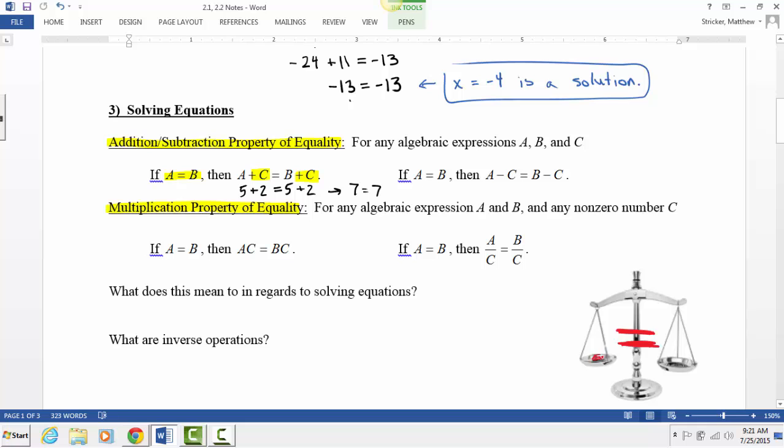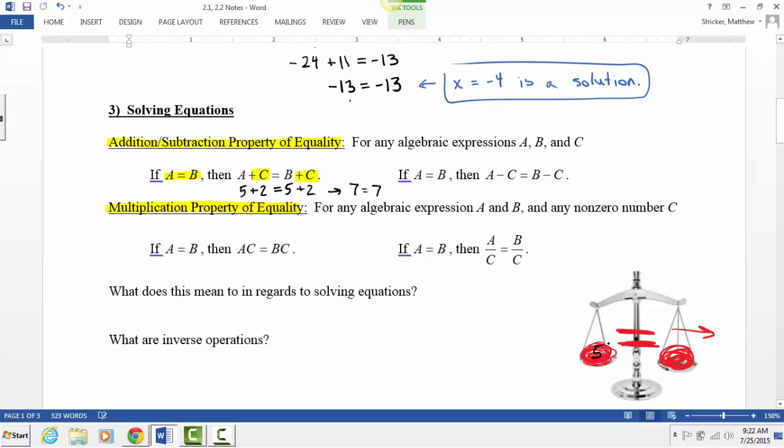But if I have just a little bit here and a whole lot over here, that's going to tip the balance this way, and vice versa. If there's more on the left side and less on the right side, it's going to tip the balance to the left. But if they weigh the same, like 5 pounds here and 5 pounds here, that balance is going to be perfectly balanced and the two sides will be equal.